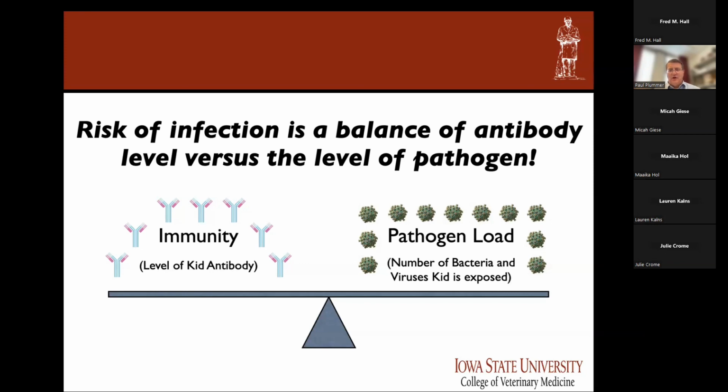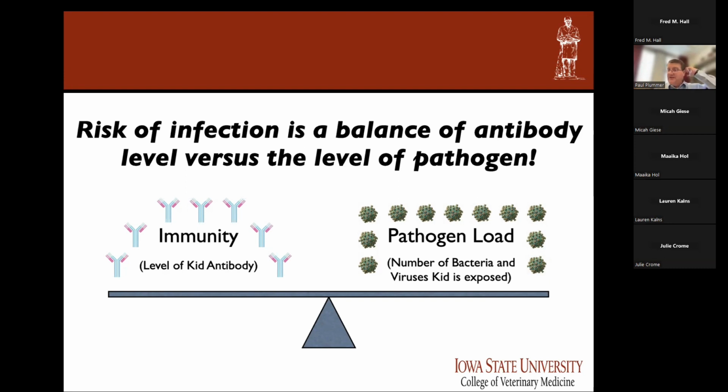So again, drawing us back to this balance, we have immunity on one side, we have pathogen load on the other. All of our neonatal diarrhea outbreaks essentially are a loss of balance here.